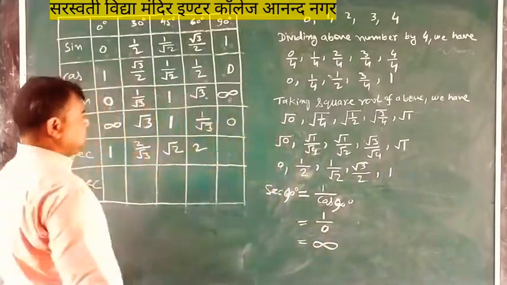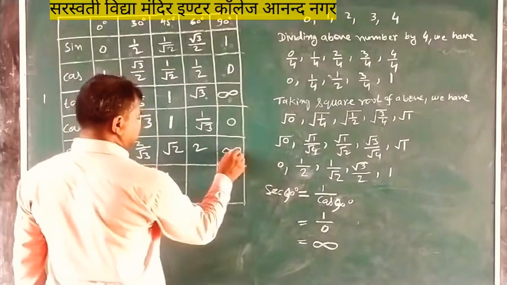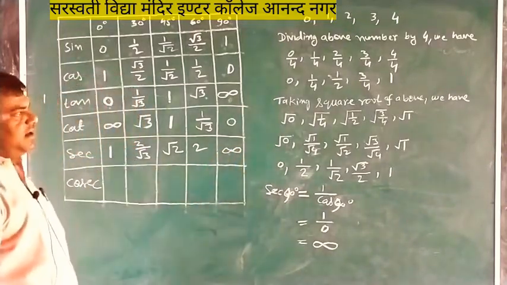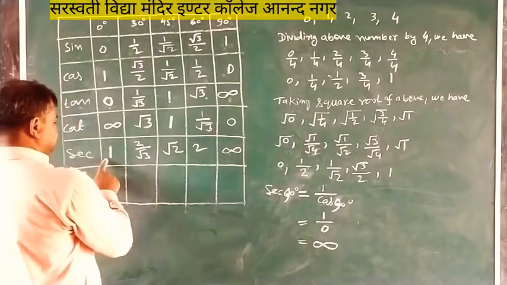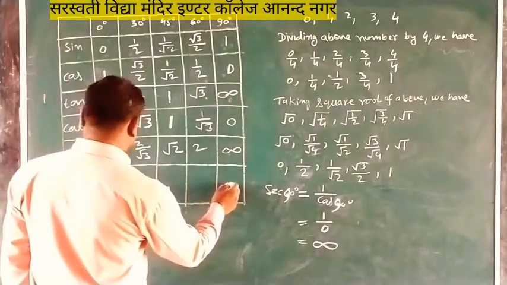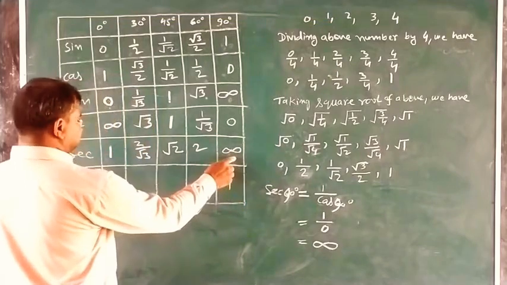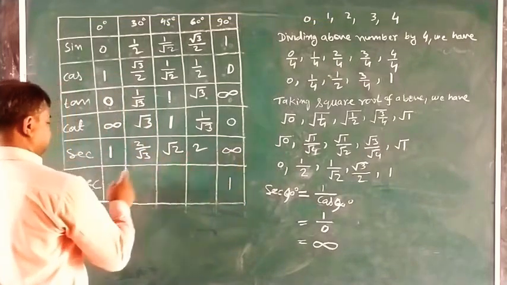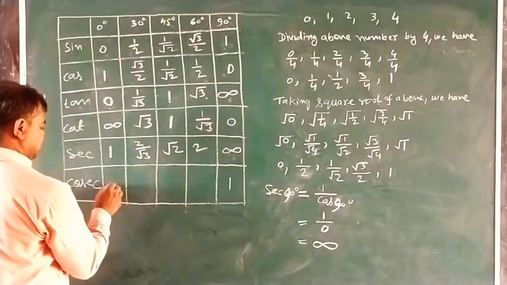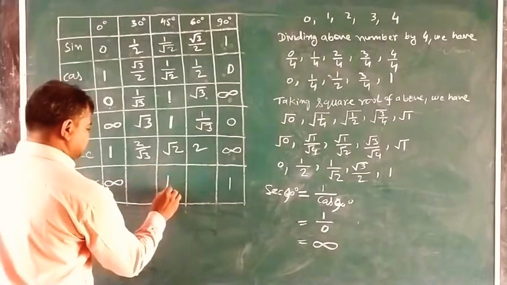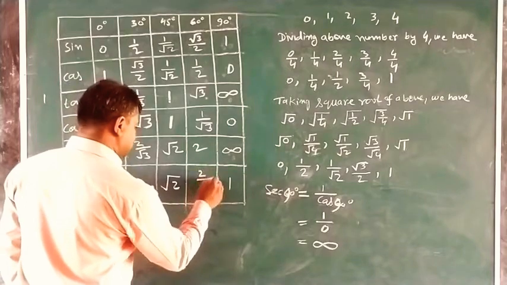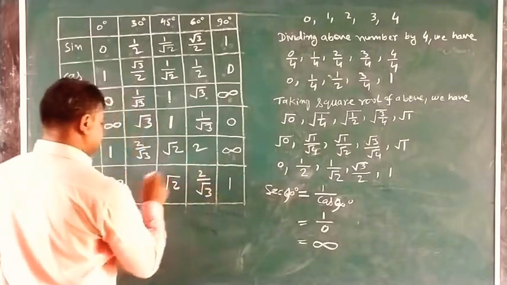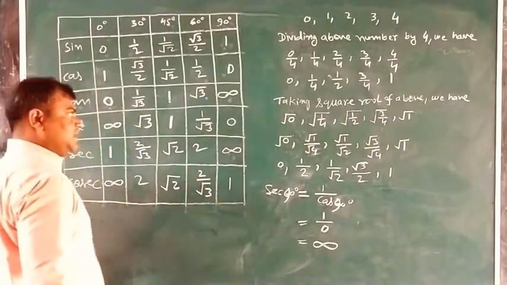Then we will write here infinite, and with the same procedure, this is the last value of sec, and this will be the first value of cosec, here infinite, and the middle terms as such under root 2, and this will be 2 by under root 3, and here 2.